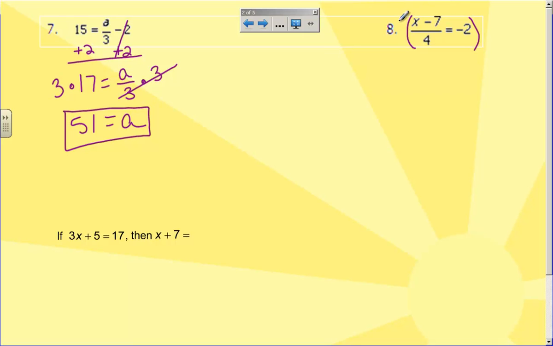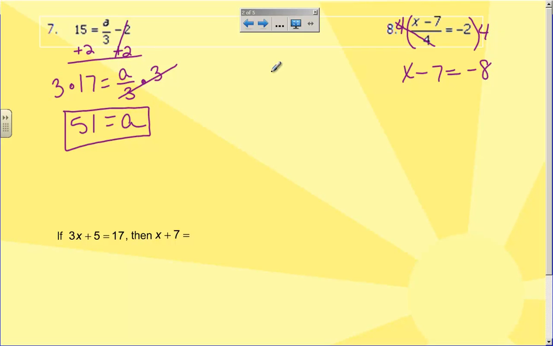So I'm going to multiply by 4 on both sides of my equation. That way I can cancel my denominator, because when I multiply this side by 4, these 4's cancel out, leaving me with x minus 7. You do not do 4 times x and 4 times 7. The 4's simply cancel out. That's the reason we multiplied by 4. And that equals negative 8, because negative 2 times 4 is negative 8.